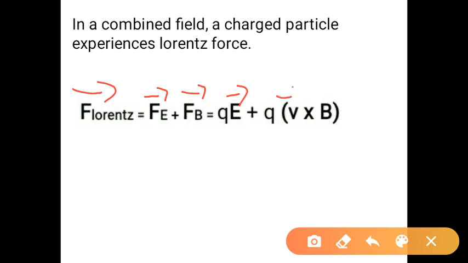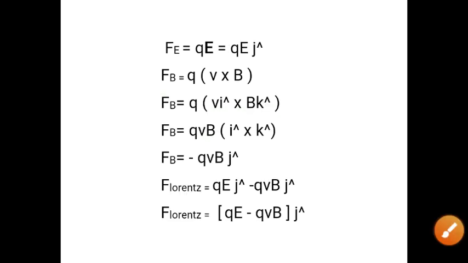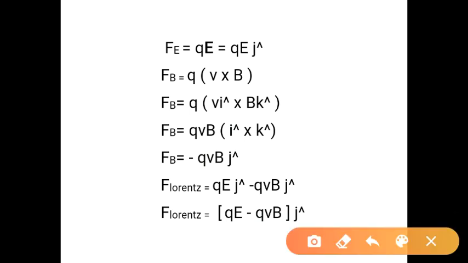That is Q into vector V cross vector B. Now let us see each term separately. First let us see the electric force. That is vector Fe equal to Q into vector E. What is vector E? That is E j cap. Therefore we can write QE j cap.